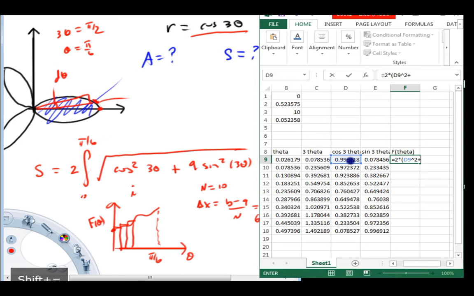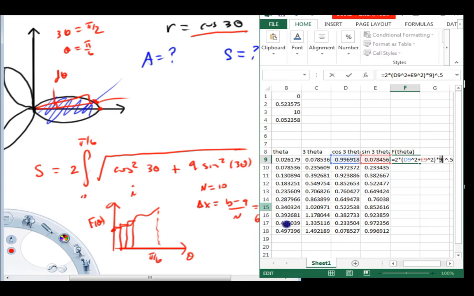I'm a little slow because I'm not working with a full keypad here. Plus sine of 3 theta also needs to be squared, and then multiplied by 9. Now I'm going to close that parenthesis off. That entire thing needs to be square rooted, so I'm going to raise that to the 0.5 power.